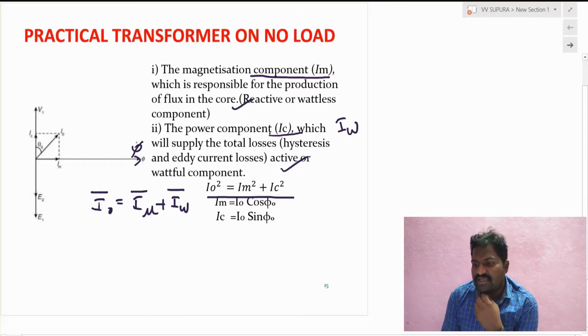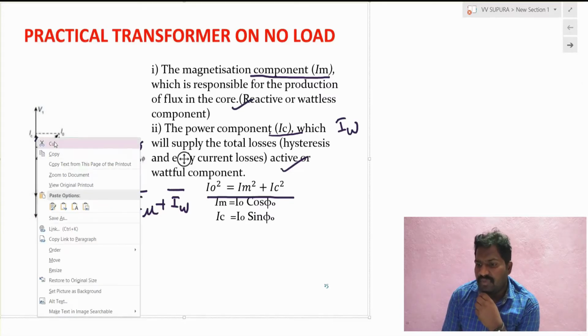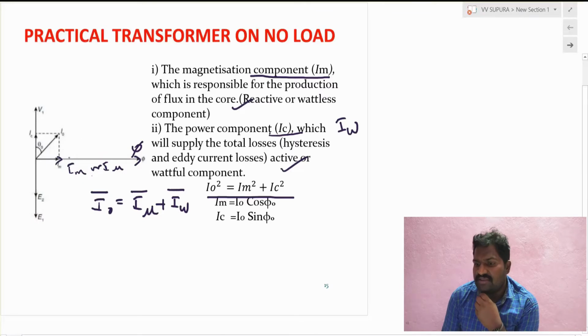This flux is due to the magnetizing component, so the magnetizing component is in phase with the flux. Why? Because Im, or I mu, is responsible for the production of flux. So the phase angle between flux and magnetizing component is 0, and the working component is 90 degrees to the magnetizing component.